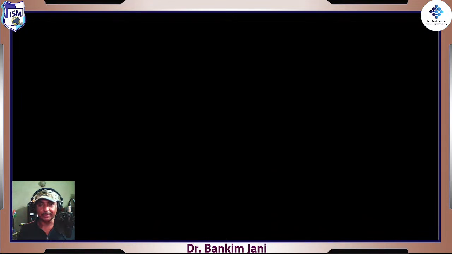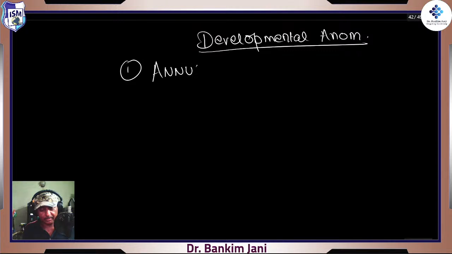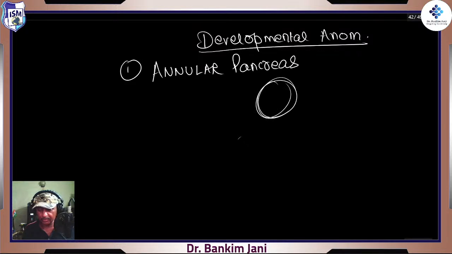With this much, we are now on to the final part, what can really happen. These are developmental anomalies. Just the names. One, the name itself is annular pancreas, where it forms a ring around the duodenum.